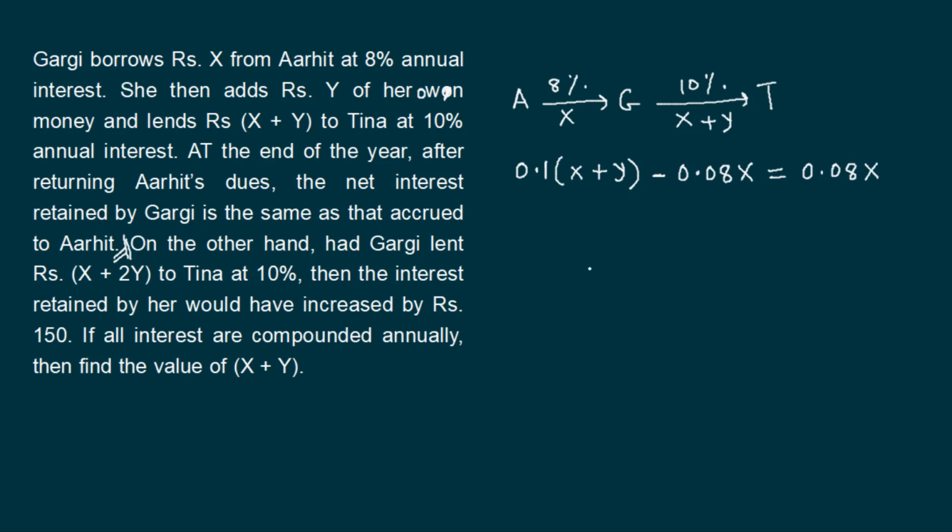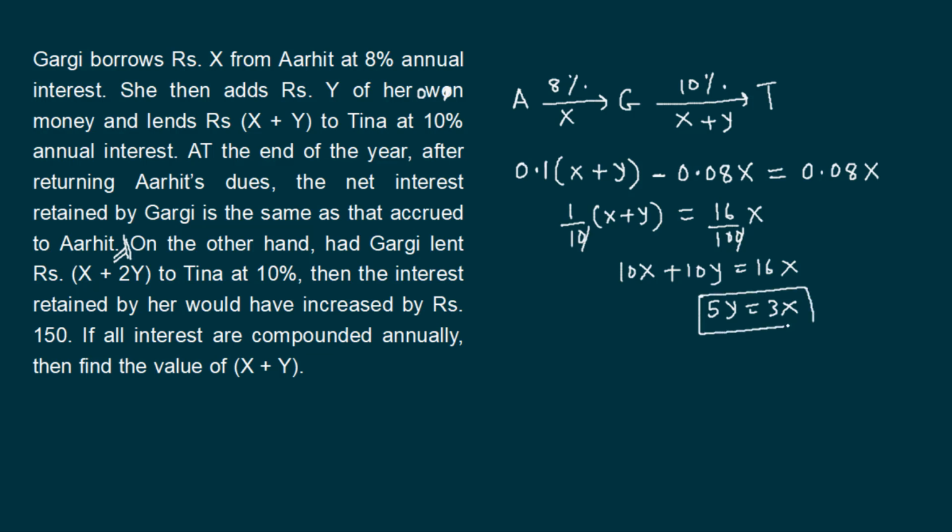From here, we can get the ratio of x to y. So 1 by 10 into x plus y would be 0.16, 16 by 100 x. So we have 10x plus 10y equals 16x, or 5y equals 3x, from the first equation.